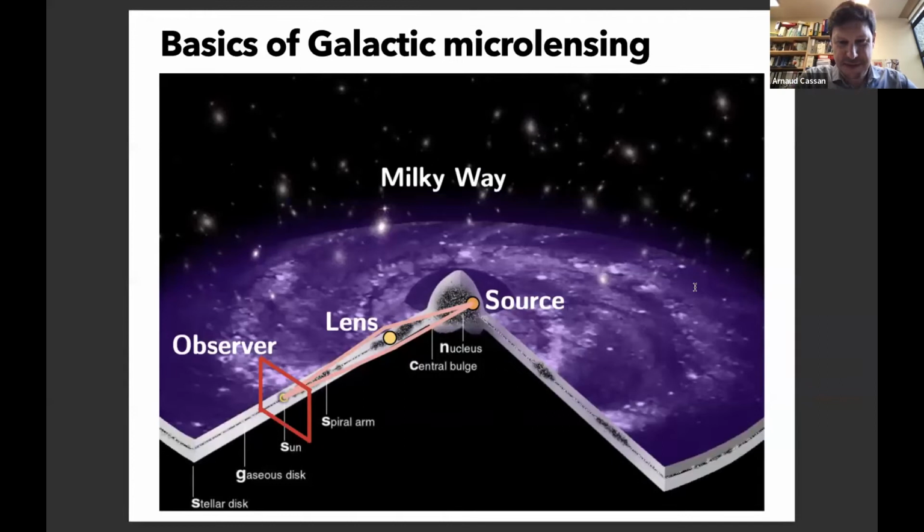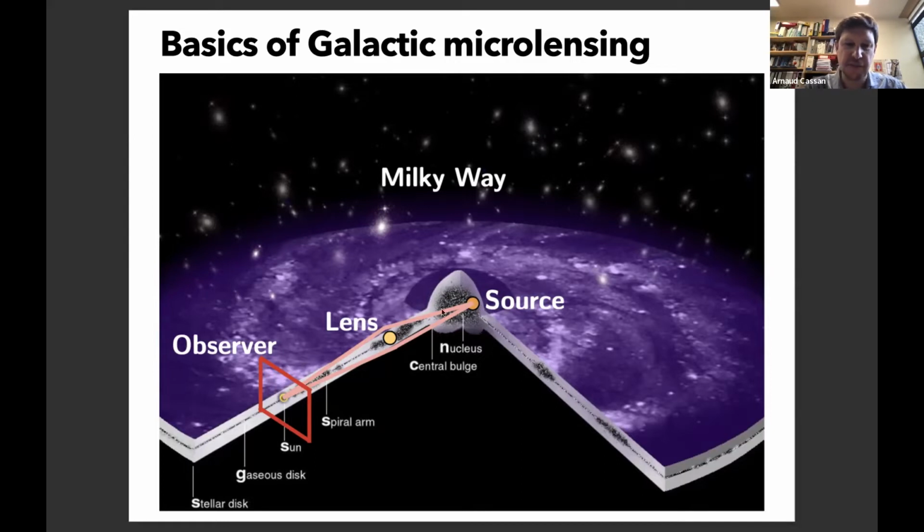First, let me just say a few words about what is gravitational microlensing in the Milky Way. So here we are in the Milky Way, the Sun, and of course the observer. During what we call a microlensing event, by chance, a lens, which can be a planetary system, a normal star, a black hole or a stellar remnant, crosses the line of sight of a distant star, which we call the source star.